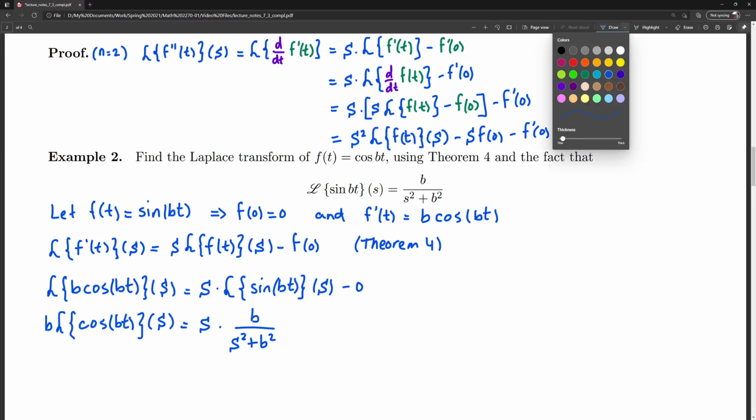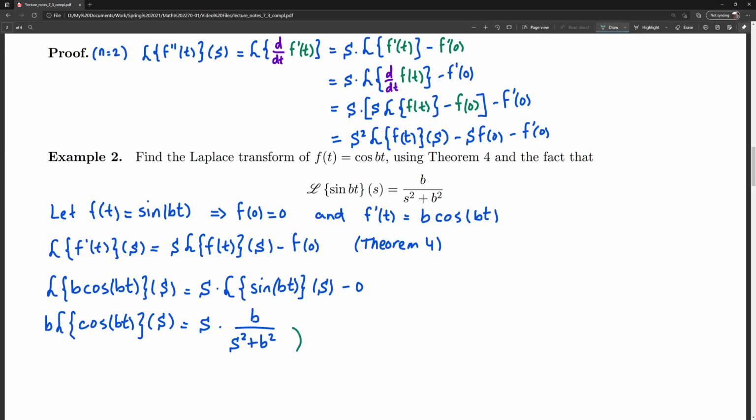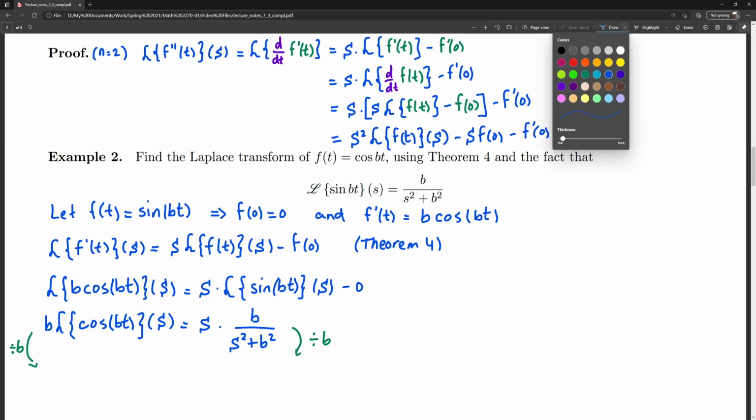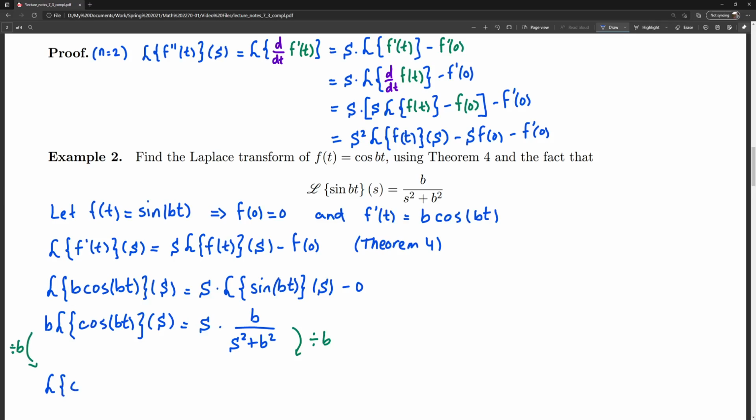So what we can do is divide both sides by b. And what we're left with is that the Laplace transform of cosine of bt is given by s over s squared plus b squared.